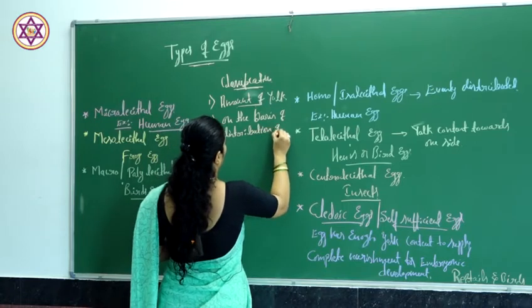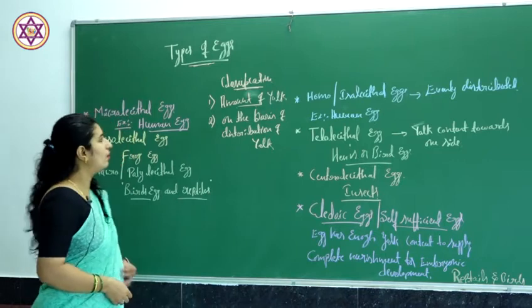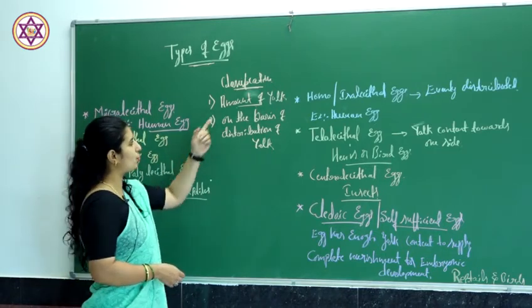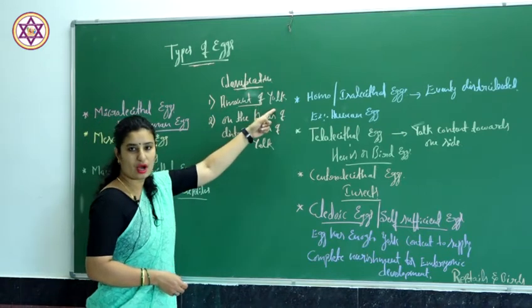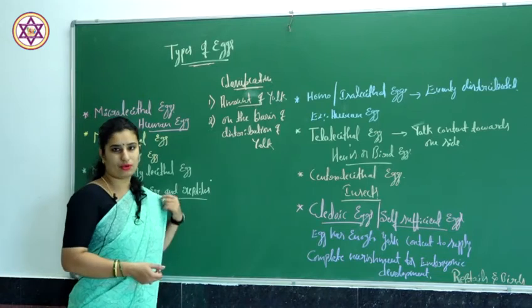So this classification is based on how much amount is present, and the second one is on the basis of the distribution of yolk.